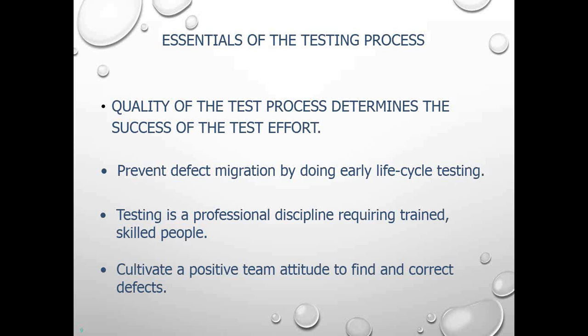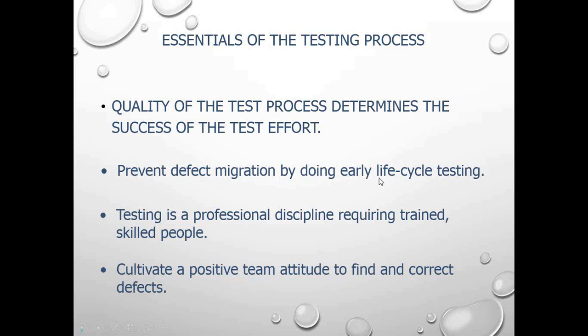The quality of the test process determines the success of the test effort. The better the quality is, the harder the parameters we have put around the testing. The harder we try, the better results we will get. If we are trying to build something, the first time it's not that good. Then we try next time and see a little betterment in the final outcome. The third time it will be much better, the fourth time better still. It's a direct relation: the quality of the test process determines the success of the test effort. The more the effort, the better the quality.